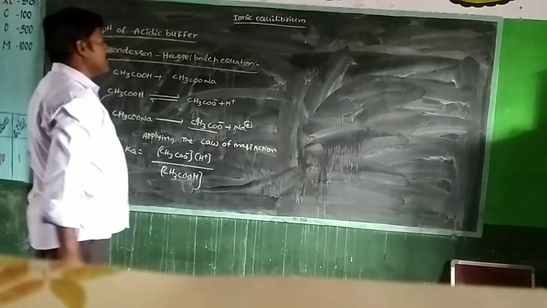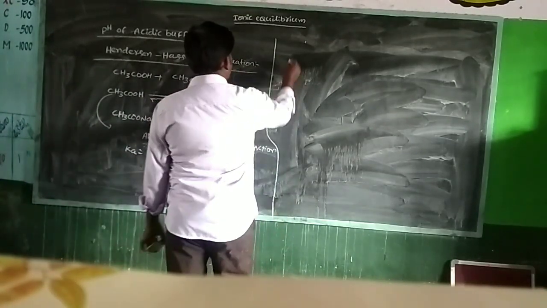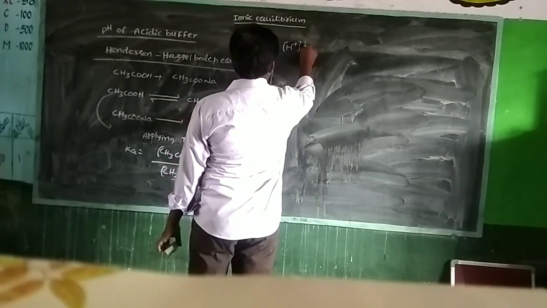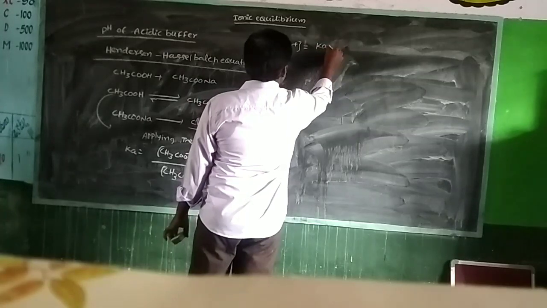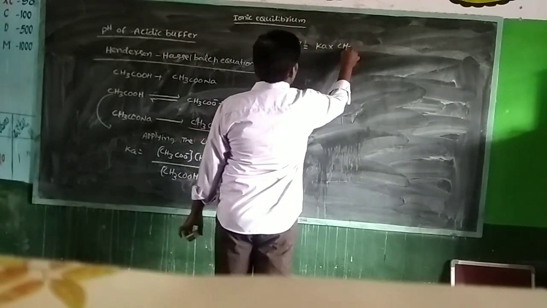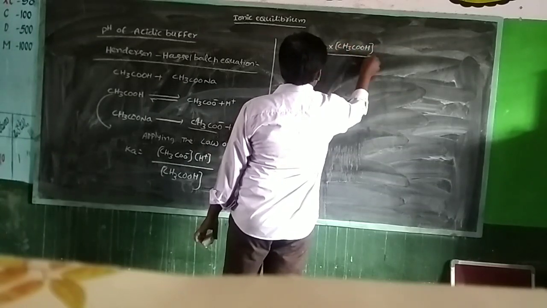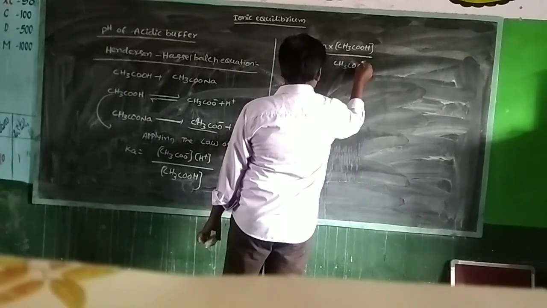How to find the H plus concentration? The H plus concentration is equal to Ka into CH3COOH upon CH3COO minus.